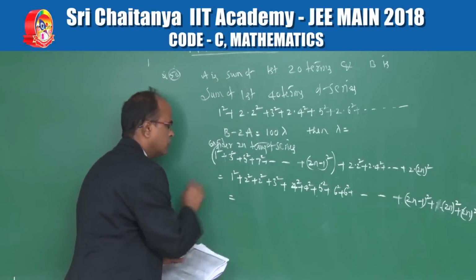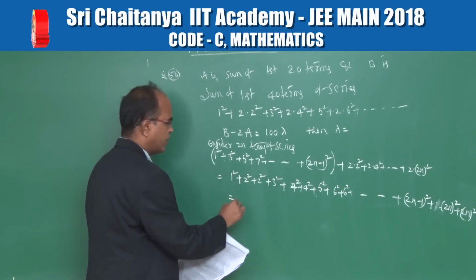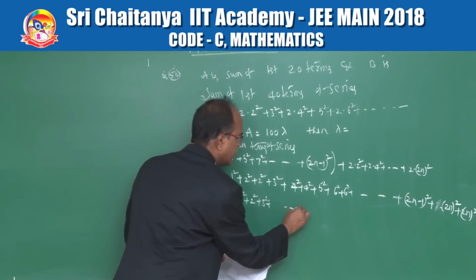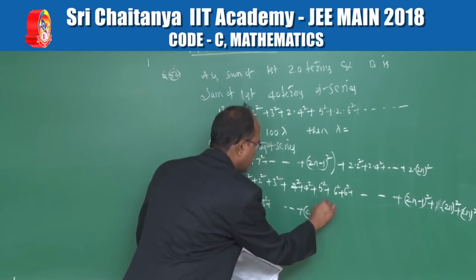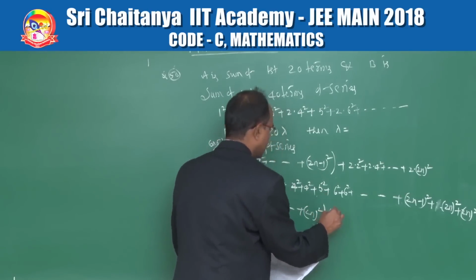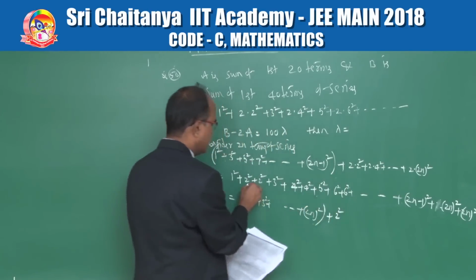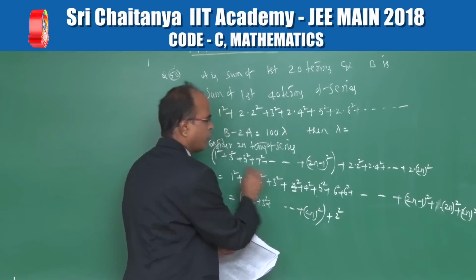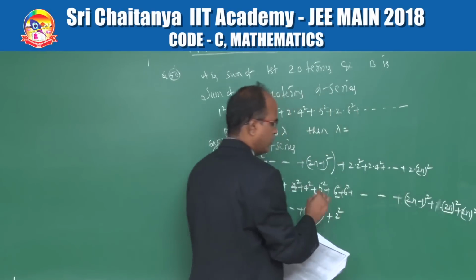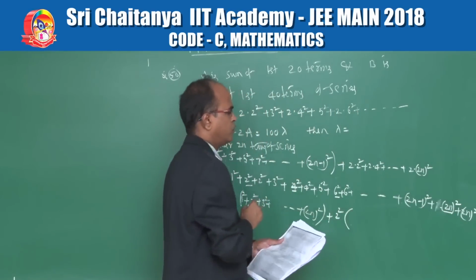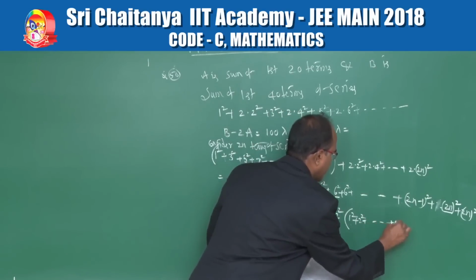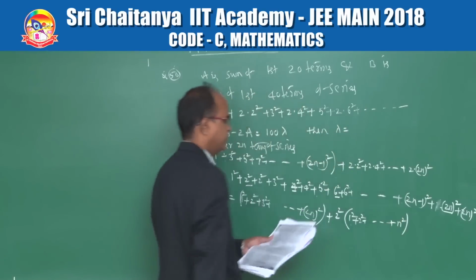And now by regrouping the terms, we get 1² + 2² + 3² etc., up to (2n)². And the remaining terms can be simplified by taking 2² common from 2², 4², 6², etc., (2n)². That is, you get 2²(1² + 2² + etc., up to n²).